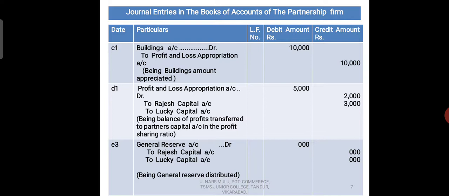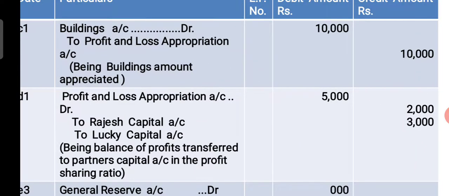Come to the next entry. When assets are increased or appreciated, then the entry is buildings account debit to revaluation account. Here it is wrongly printed; instead of profit and loss appropriation make it revaluation account. So buildings account debit to revaluation account, 10,000.